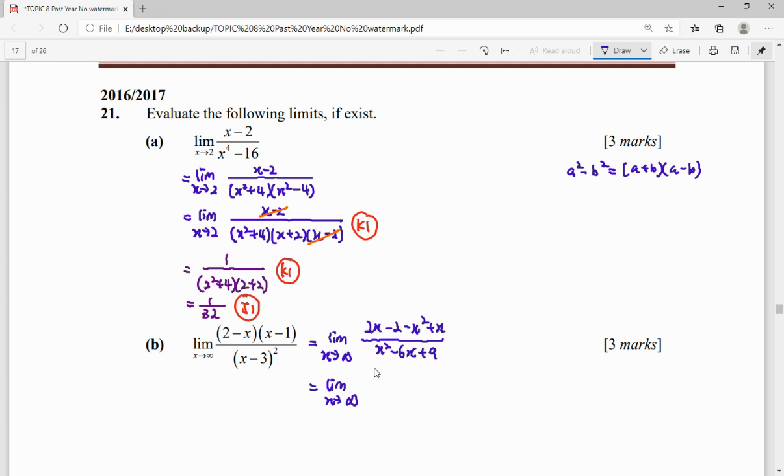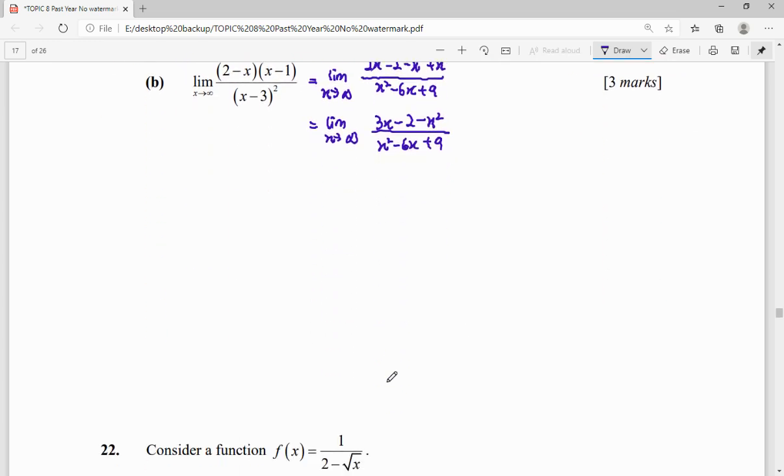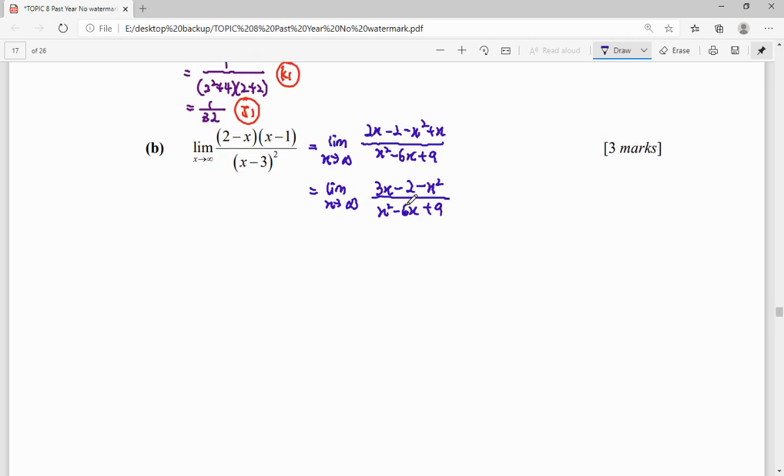So our expression will be equal to (3x minus 2 minus x squared) over (x squared minus 6x plus 9). For this form, we will divide by the highest power from the denominator. As we can see, the highest power in the denominator is x to the power 2.